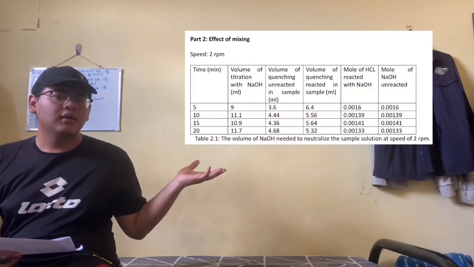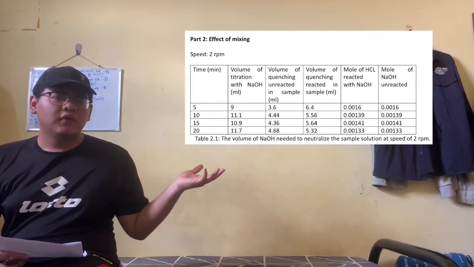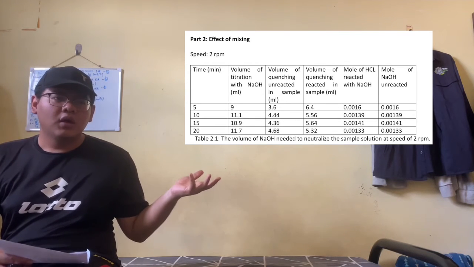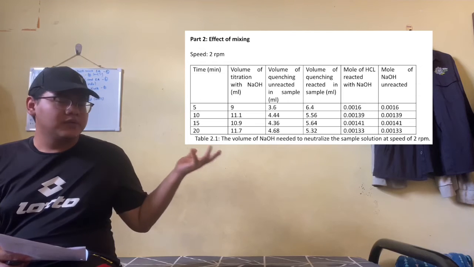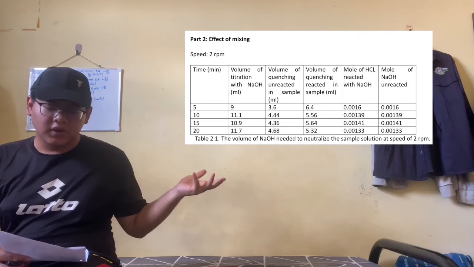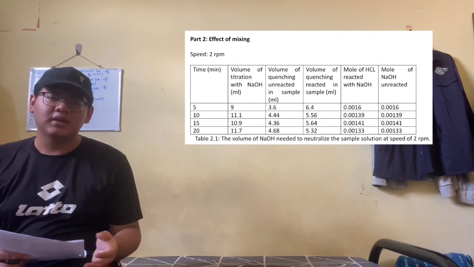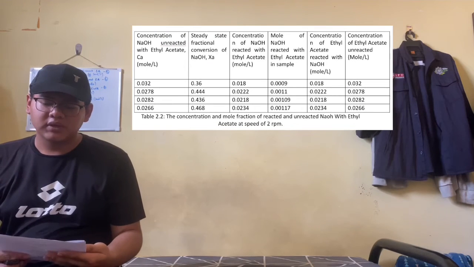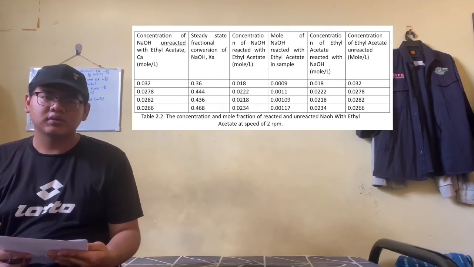The table shown is for the speed of 2 rpm, where the first table is for the volume of sodium hydroxide needed for the neutralization, and the second table is for the concentration and mole fraction of reacted and unreacted sodium hydroxide with ethyl acetate.